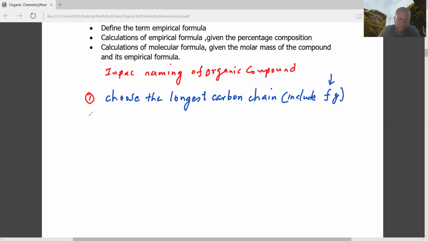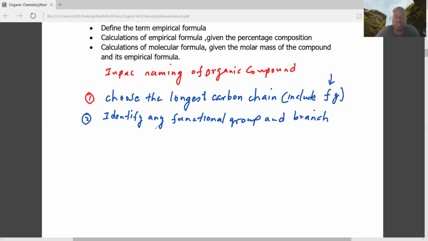Now, number 2, after choosing the longest chain, you identify any branch. Actually, let me just talk about this first. You identify the functional group, but I strongly believe that functional group will already be included, and the branch.